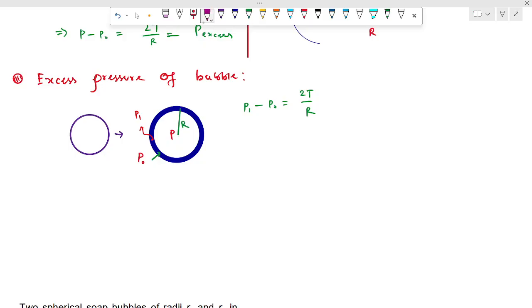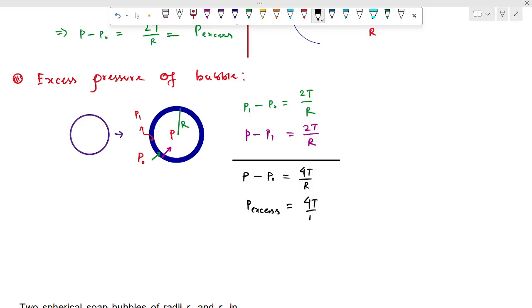Again, when we move from this point to inside the bubble, the excess pressure is P minus P1, and this is again 2T by R. Now if we add these two equations, P1 will cancel out, and we are left with P minus P naught equals 4T by R. So this is the excess pressure of a bubble, 4T by R.